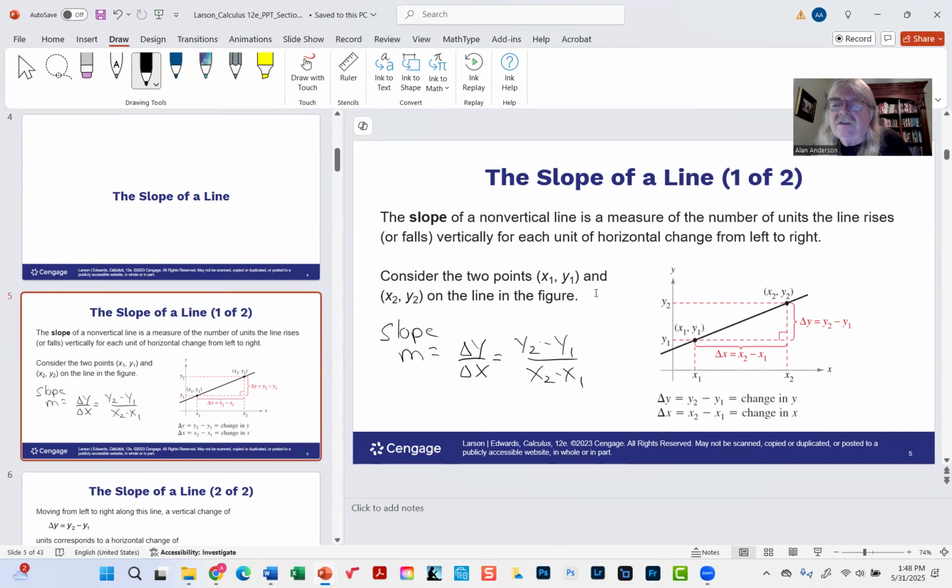So the deltas are simply the changes. Delta, this is the Greek letter delta, of course. It's always used to represent change in math. And so it's the difference between the two y's divided by the difference between the two x's. And sometimes you remember from high school, they call this the rise over the run. If that helps you remember, that's fine. But it's delta y over delta x that is the slope.